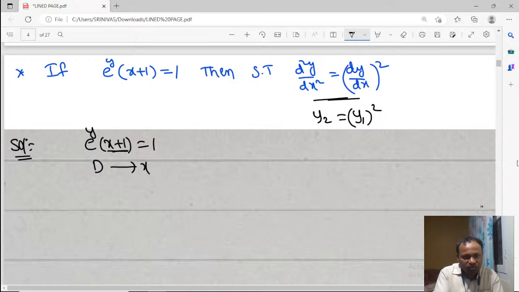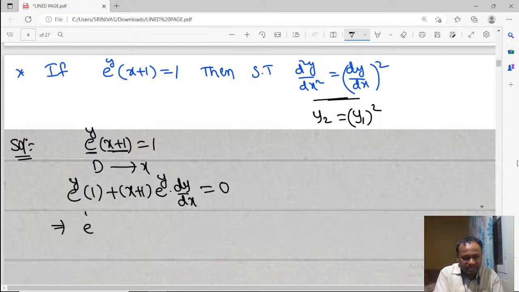This is the UV formula. So e power y into the differentiation of x plus 1, which is 1, plus x plus 1 into the differentiation of e power y, e power y into dy by dx, and the differentiation of 1 is 0. Now from this I have taken e power y common.